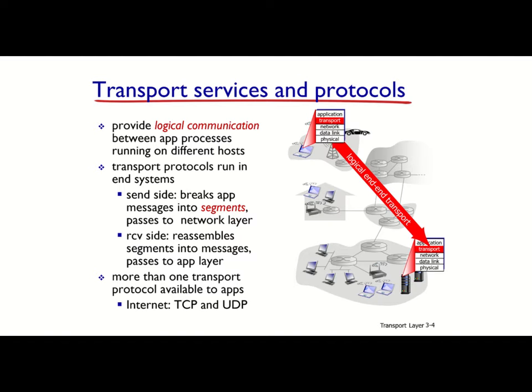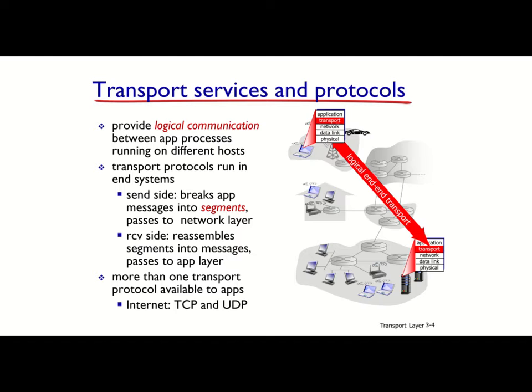Then we pass these segments from the fourth layer, the transport layer, to the layer below it, which is the network layer. Here is the sender side. As you see, we have the transport layer here.